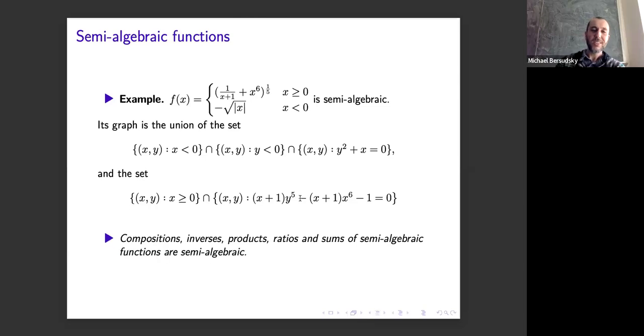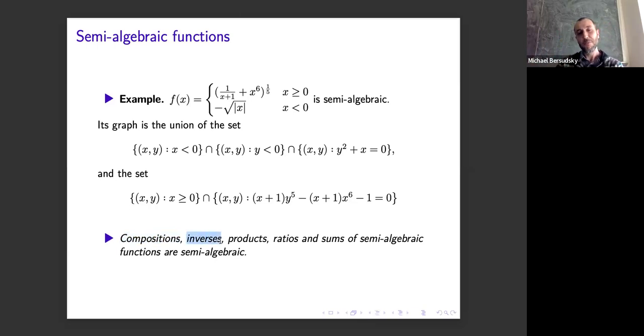Now, what's important is that you don't really need to go through the definition. There are very nice properties. If you take several semi-algebraic functions and compose them, you get again semi-algebraic.